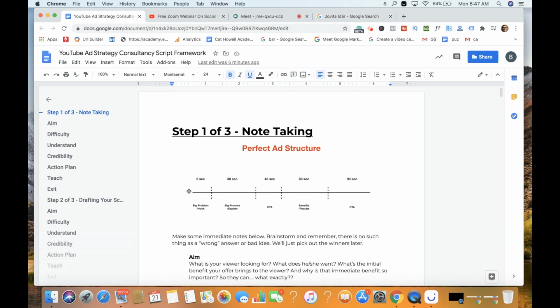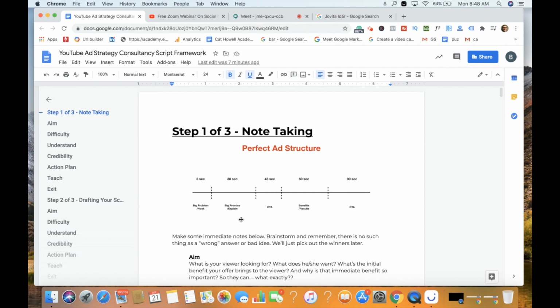Whatever you find, or if you end up working with me and I do your Google keyword research, your big problem or hook should not be what you think it is from your Facebook ads that are working well. Your big problem should be the number one keyword people are searching for on YouTube, and you put that in as your problem so that it guides the YouTube framework. Like if they're searching how do I find a reliable painter?